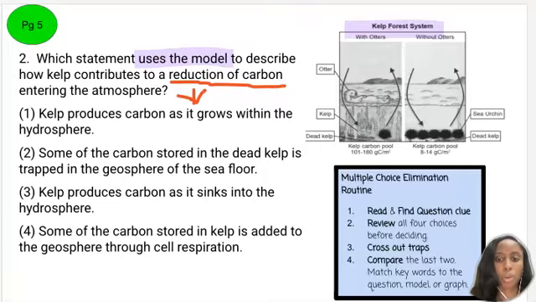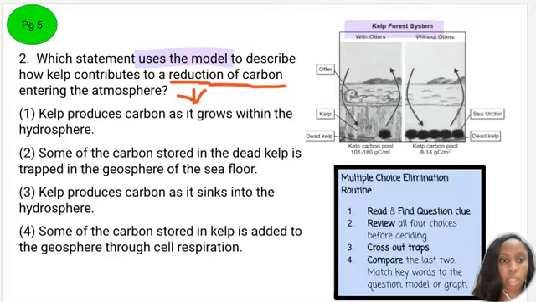Continuing with step number 2, let's read them. We're going to quickly restate what each question is saying, so that way we can think, okay, do we agree or do we disagree with it? And we already had a great chance of familiarizing ourselves with the model in the previous one, so we don't have to do as deep thinking, right? Kelp produces carbon as it grows within the hydrosphere.